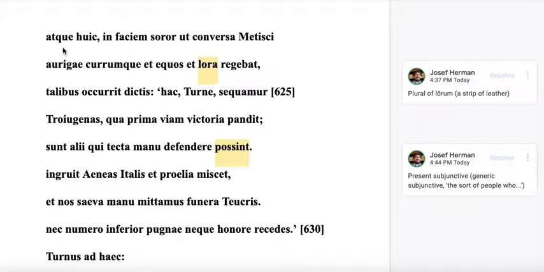Okay, so, and to him, his sister, having turned into the appearance of his charioteer Metiscus, when, or as, that's ut, she was regebat, literally ruling, but we might say guiding, his currum, his chariot, et equos, and his horses, and the reins, et lora.